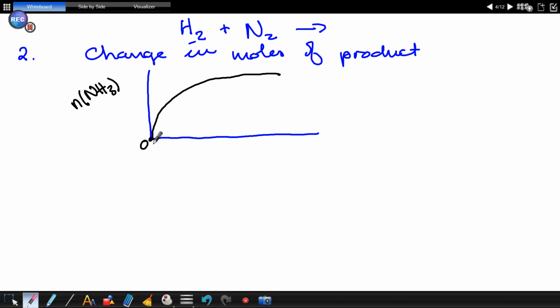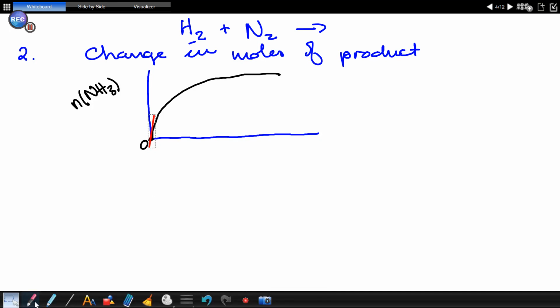So this is the amount of ammonia we start off with, and initially, because the reaction starts off fast, the moles of ammonia will increase fast. So the tangent here is a high tangent. The rate of the formation of ammonia is high initially.